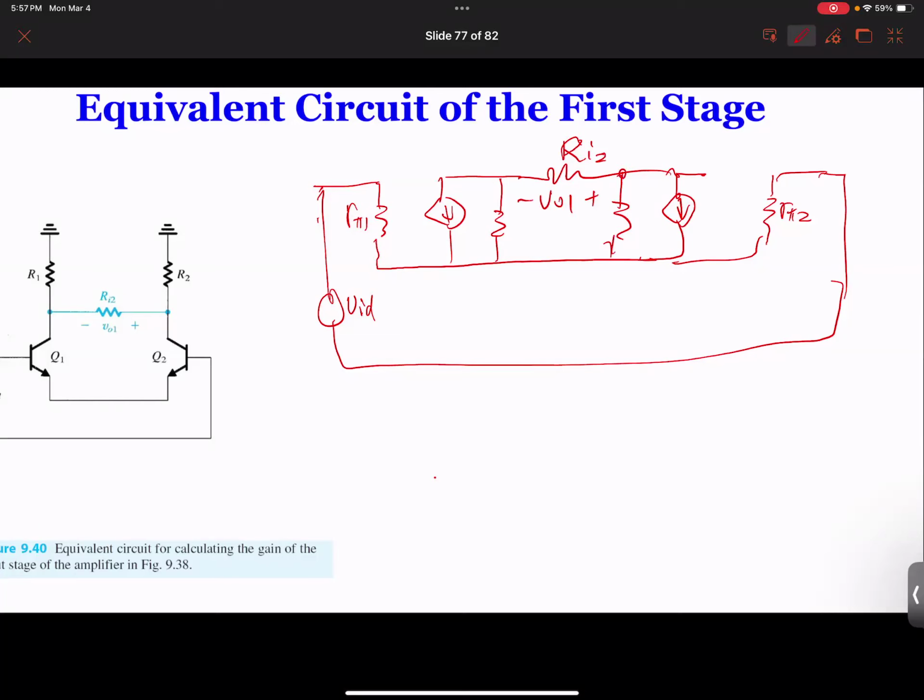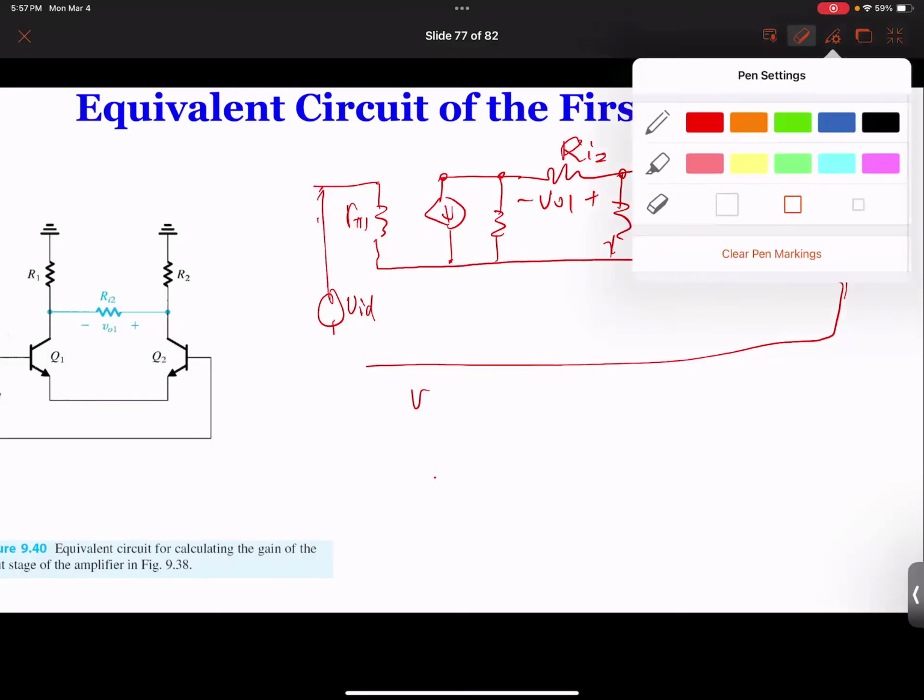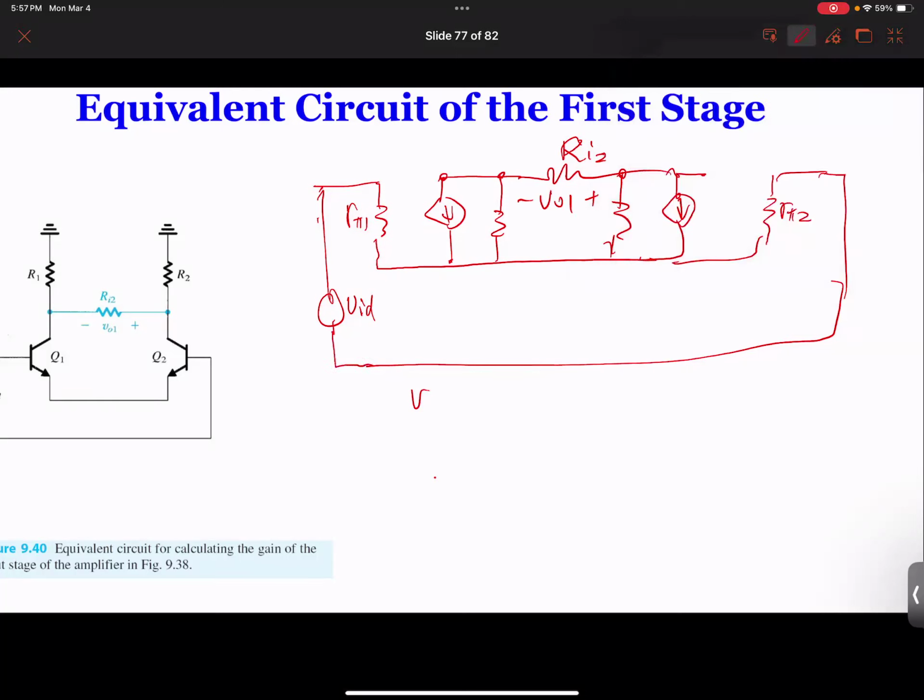So if you look at this circuit, what is the R input, or they call it RID?